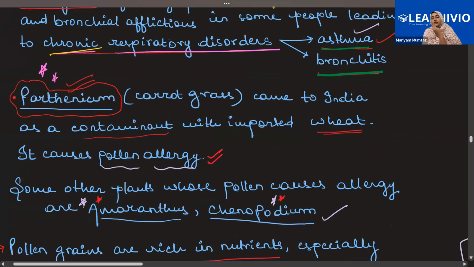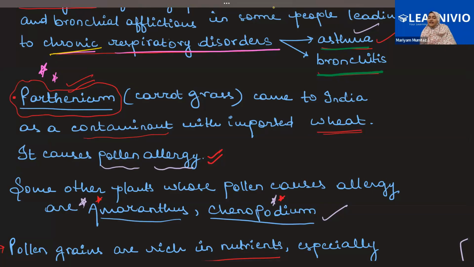Now talking about a very special case, Parthenium. Parthenium is a scientific name. That is why I've underlined it. Okay. So Parthenium, and remember, whenever you write any scientific name, always underline it. Always. Now, Parthenium is the scientific name of carrot grass. Okay.